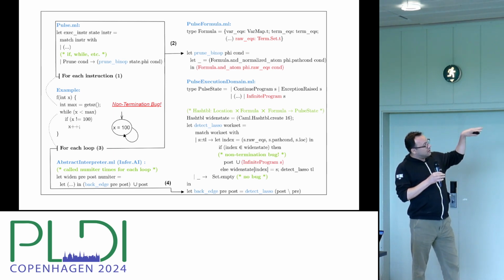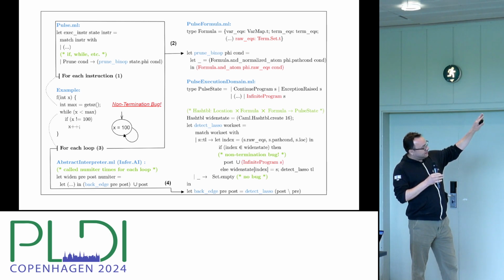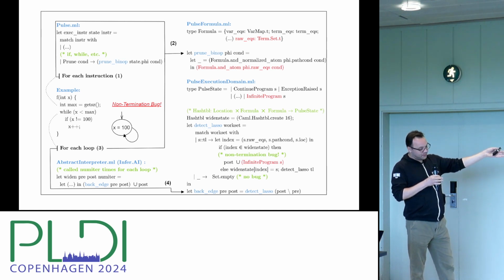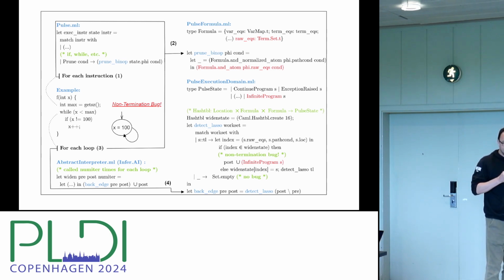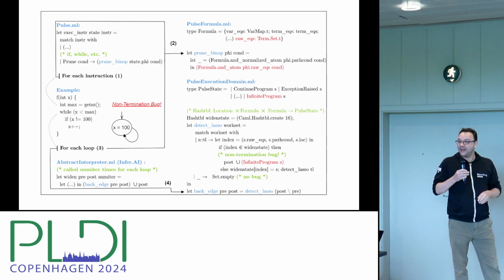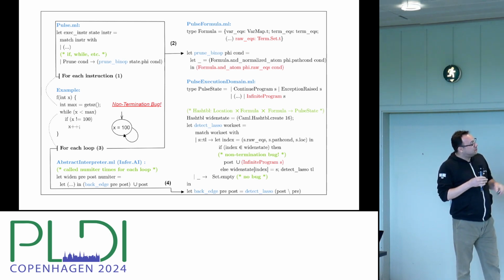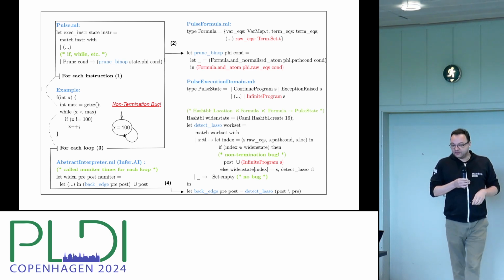First of all, there is a little extension. There are a number of different components in Pulse. You have the main Pulse file, Pulse.ml. You have the abstract interpreter.ml, which is colloquially referred to as Infer.AI. Then you have the Pulse formula, which is a solver in Pulse.